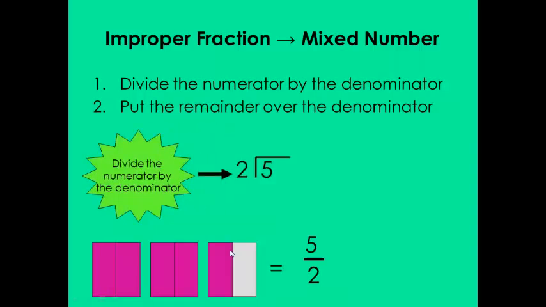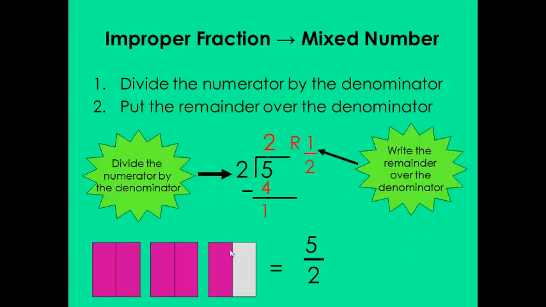We know that the denominator is 2, so 5 divided by 2 is 2. 2 times 2 is 4. 5 minus 4 is 1, so 1 is our remainder. So 2 at the top is our whole number, 1 is going to be our numerator, and 2 from the original fraction is the denominator. So 5 halves equals 2 and a half.